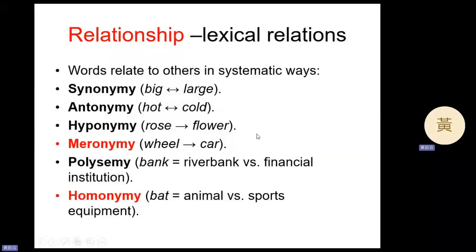Flower is a more general type. There's something like roses or what else? What kind of flower do you know? Then you can name some. And then the person will get the idea. All of these are flower. All right? So that's why hypernym and hyponym are important.